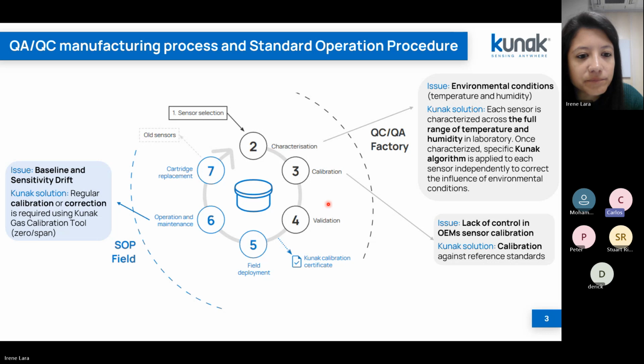Irene, when deploying the Kunak in the field, how many days would you allow for stabilization? How many days, you mean? Yeah, for the gas sensors to stabilize. Yeah, a stabilization period depends on how much time the gas sensor was turned off.